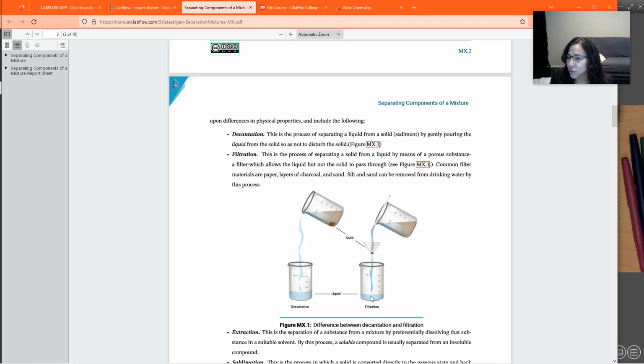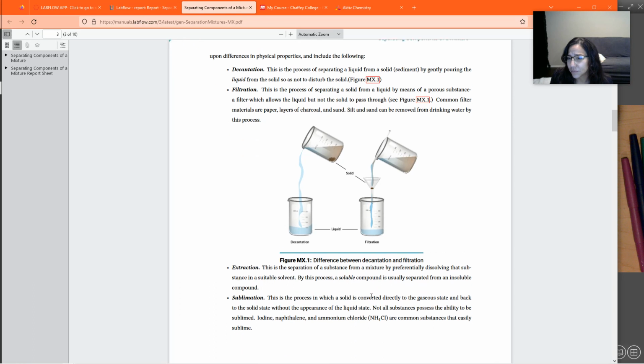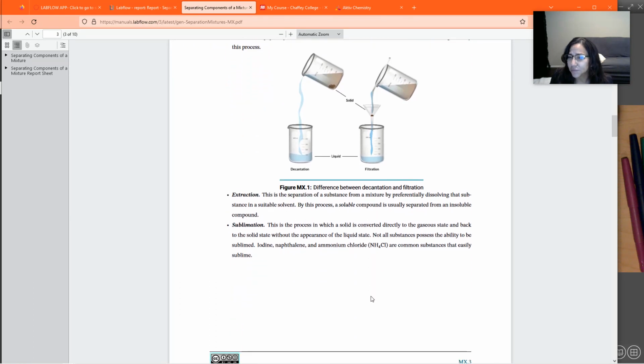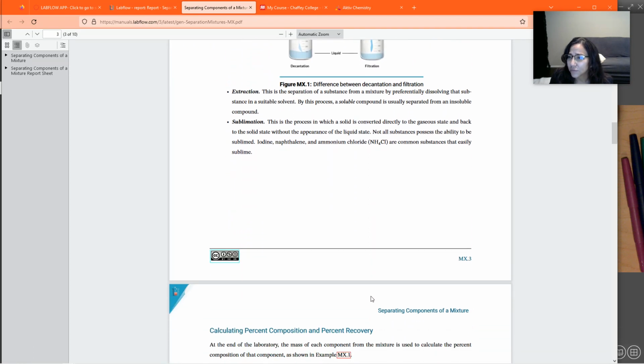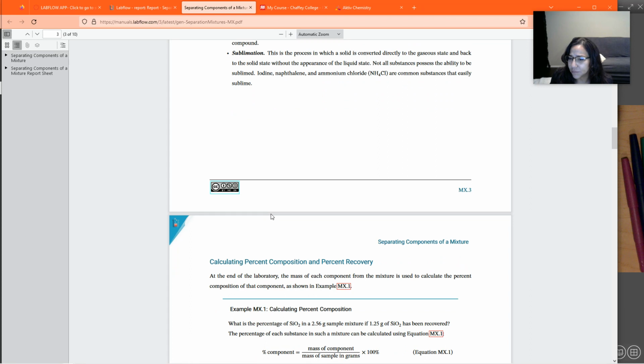Okay? So filtration is actually a better technique than just decantation. Decantation doesn't always capture all the solids. So you have extractions, you have sublimations, so they're all different little processes in what we do to basically extract our compounds, right? Separate them.